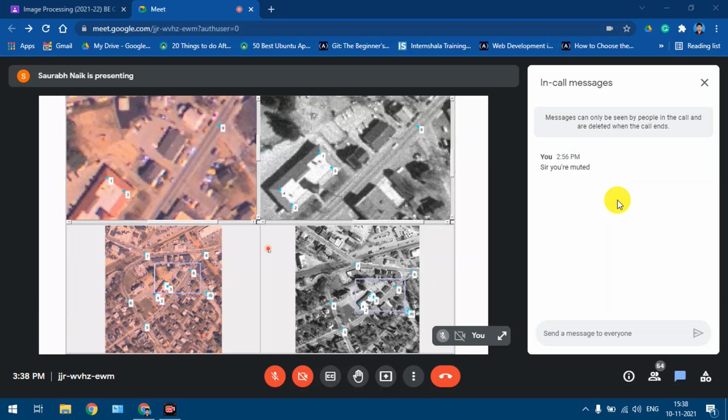System just restarted. I don't know why. Just give me a minute. It's surprising that I am still seeing the presentation. Students, can you all see the presentation?